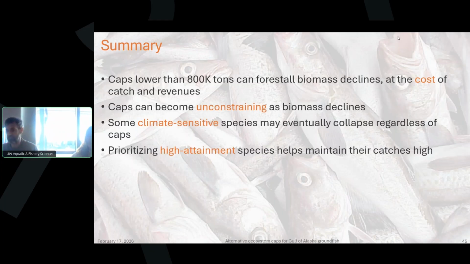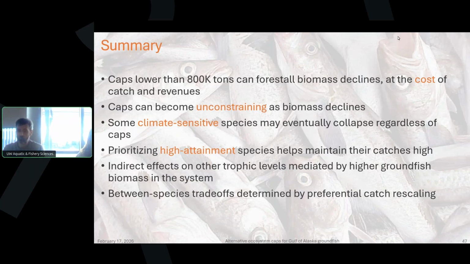Some climate sensitive species eventually seem to collapse, like Pacific cod, and you can do prioritization to help maintain high catches of the species that you care about. There are indirect effects on the other trophic levels if you get more groundfish in the system, and there are trade-offs determined by the preferential catch cascading.